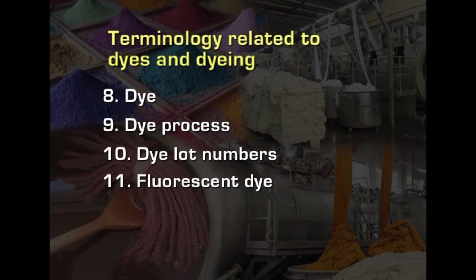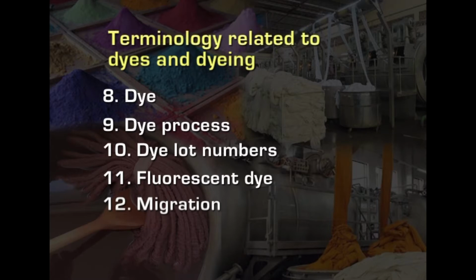And fluorescent dye, that means that it glows under ultraviolet rays and it absorbs light at one wavelength and then remits that energy at another wavelength. These dyes are used in safety clothing to increase the visibility. Then migration, that is shifting of color to the surrounding area or to an adjacent surface.